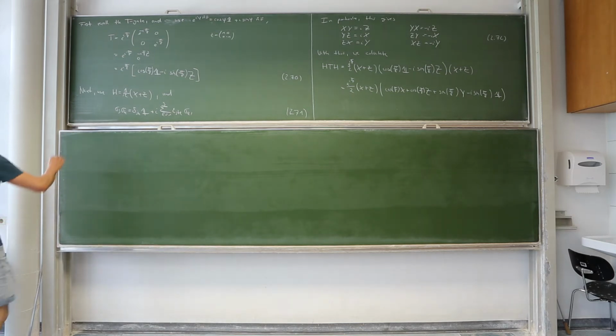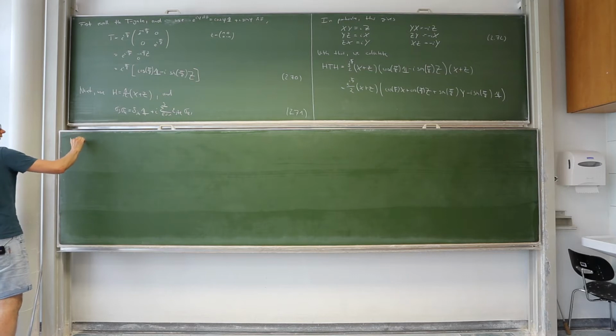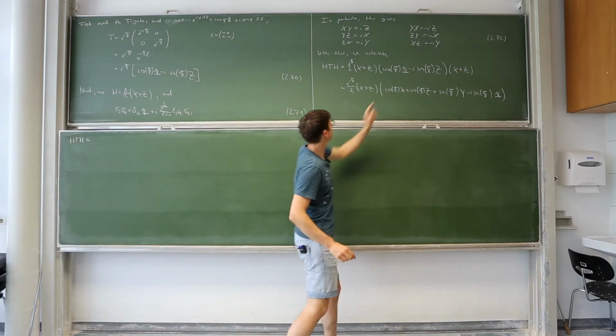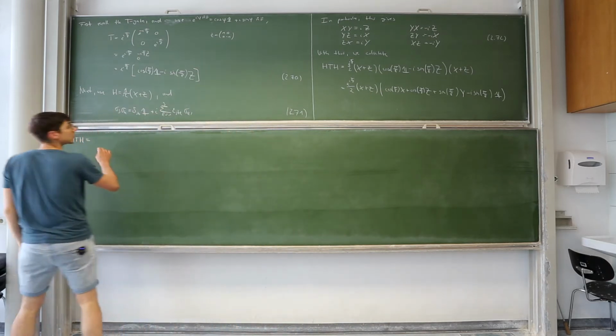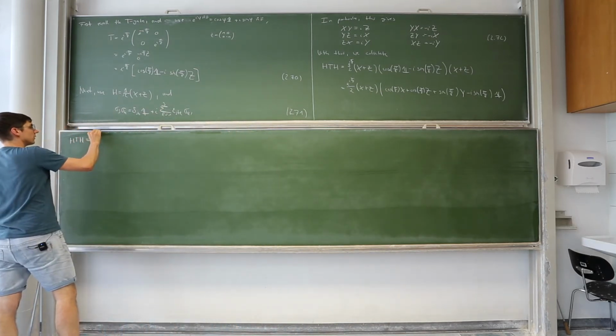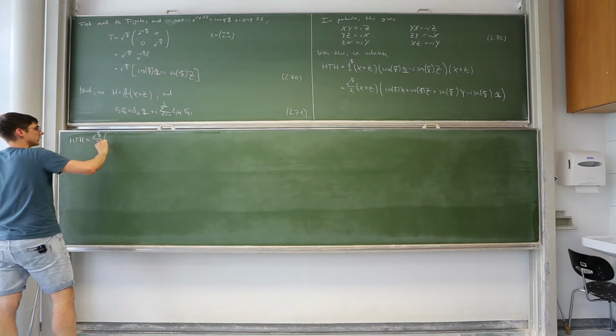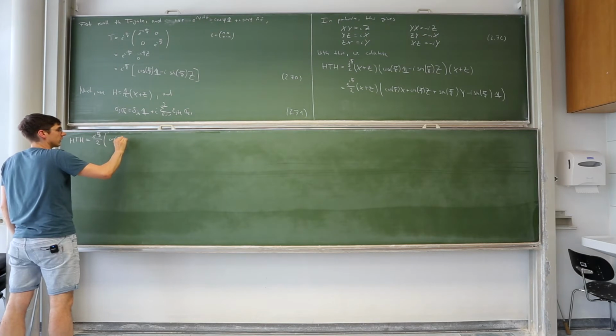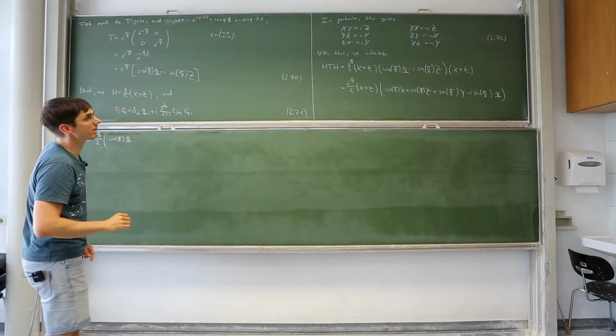So this gives us, first we have x times x, so it's e to the i pi over 8 half, and then cosine pi over 8 times the identity.